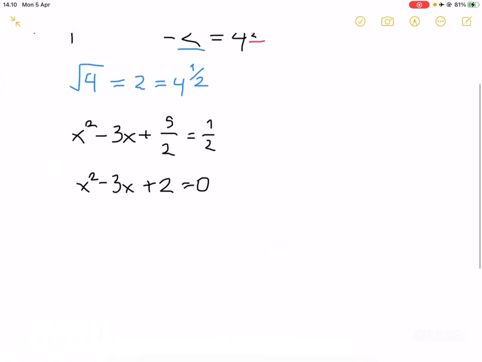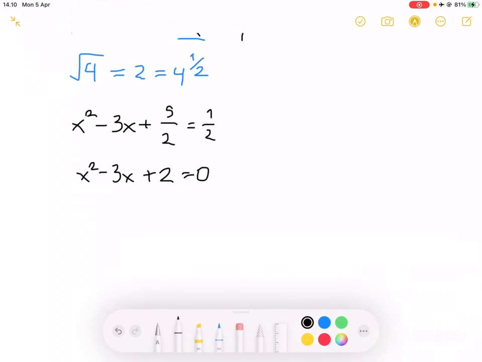You can solve this quadratic by factoring, completing the square, or using the quadratic formula, and I'm just going to factor it. It factors nicely into x minus 1 times x minus 2 equals 0. So our solutions are x equals 1 and x equals 2.